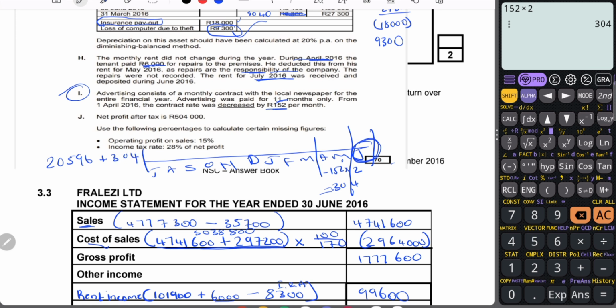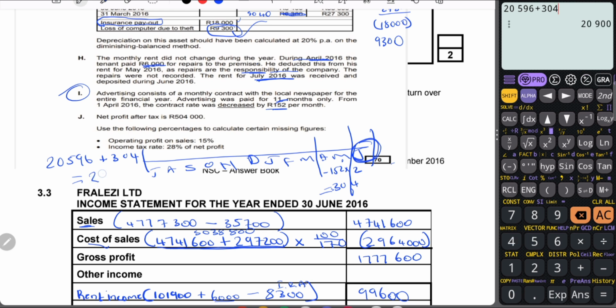We want to check how much we were paying before the advertisement was decreased. Then we are going to get how much now. It's going to be 20,596 plus 304.